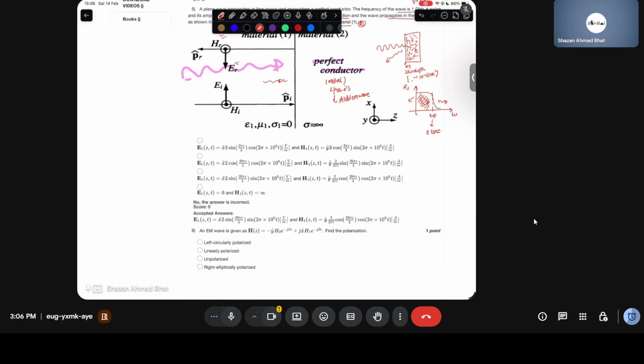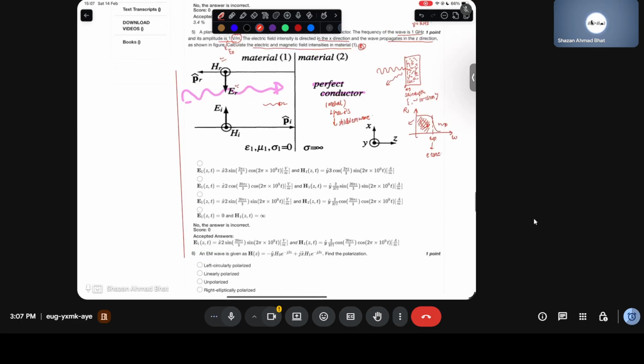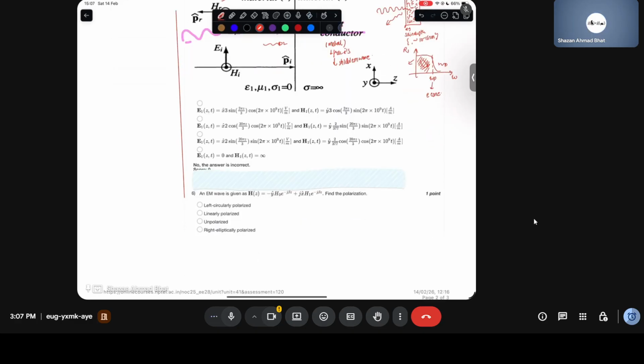Okay, so first of all, if we want to know the answers here, just forget about the solution right now. If we just look at the options here, it is the electric field component and the magnetic field component.